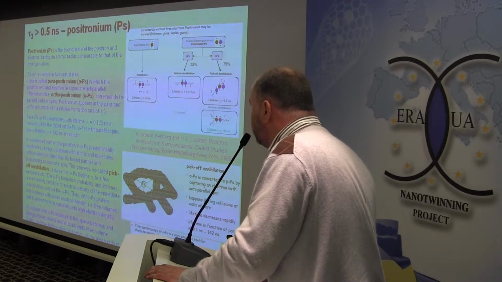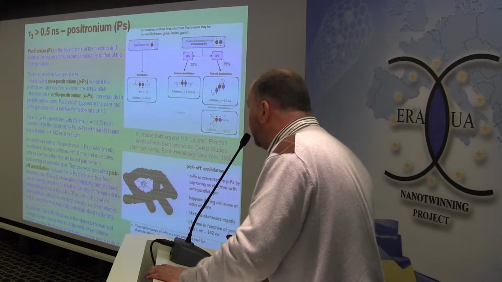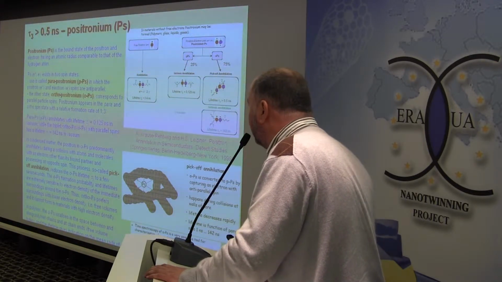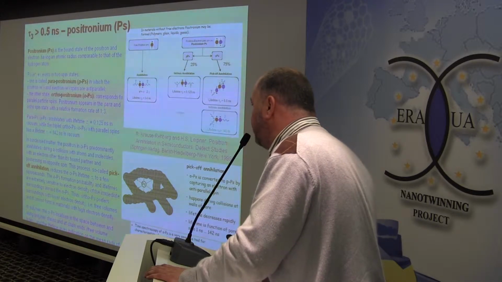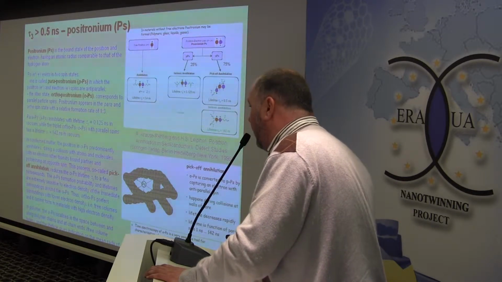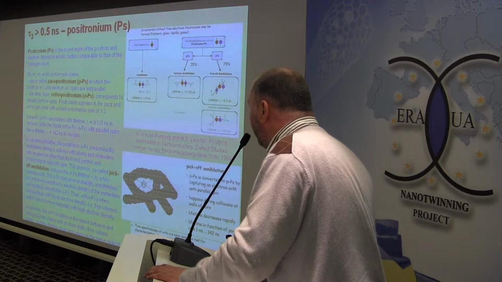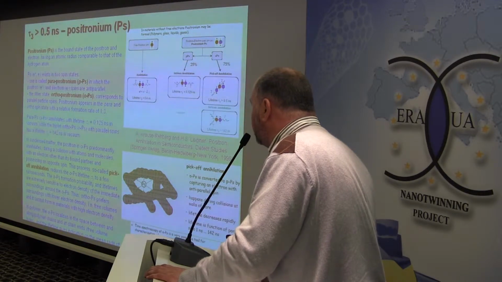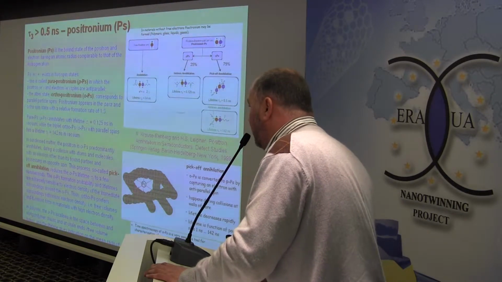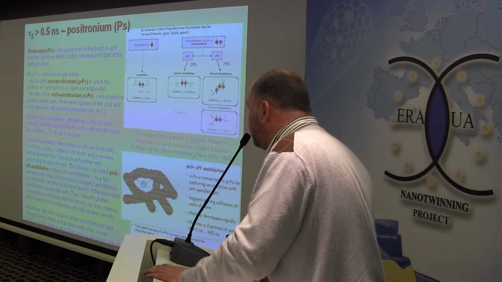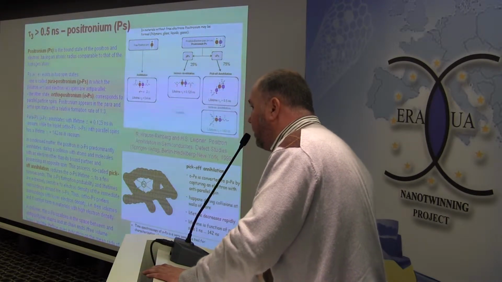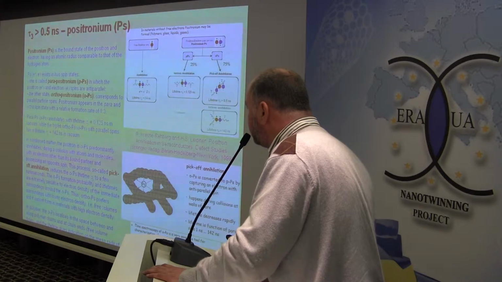Positronium exists in two spin states. One is called parapositronium, in which positron and electron spins are antiparallel, and the other, orthopositronium, when the positron and electron spins are parallel. Parapositronium and orthopositronium are formed in the ratio of 1 to 3.